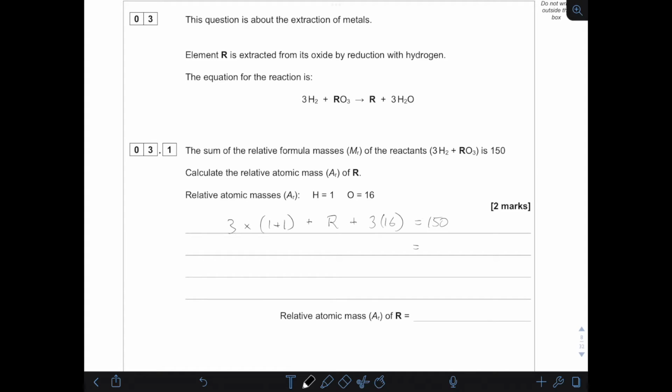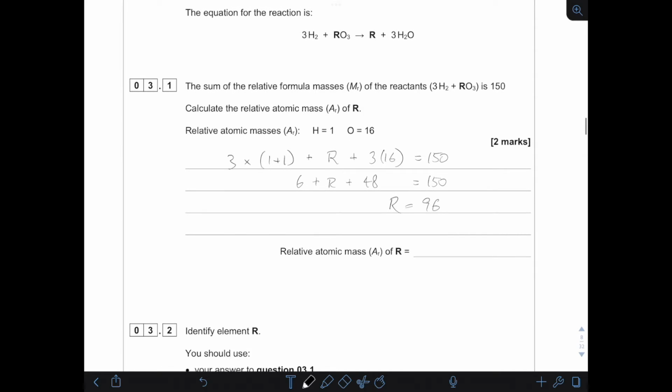So what you need to do is just to do simple algebra, really. So 3 times 2 is 6, and so 6 plus R plus 48 is 150. And I am not very good with math, so I'm just gonna use the calculator, and that's 96, right? So R is 96, Ar, and now it is time for us to go find the periodic table that I so very conveniently forgot.